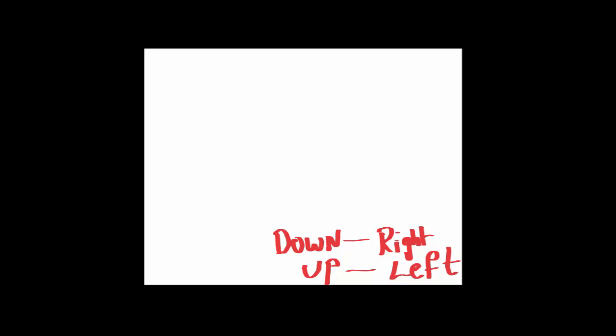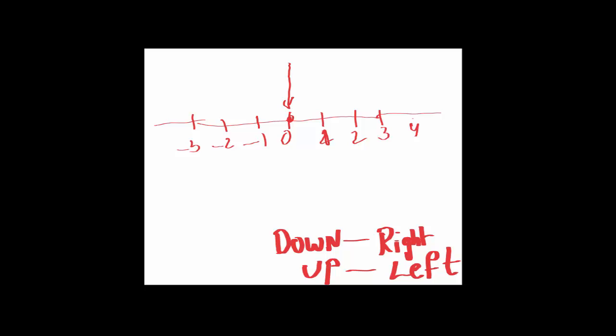As you already know, the number scale is 0, 1, 2, 3, 4 down the line, and -1, -2, -3 this way. In the decimal number system, the decimal point always stays right there, which is the power of 10, so it says 10 power 0.